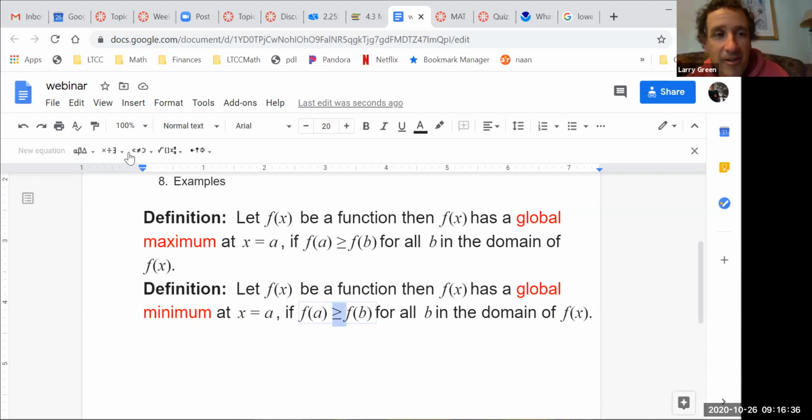Exactly. The greater than or equal to becomes a less than or equal to. You've got to be smaller than everyone if you're the global minimum, right? Any questions on that? Okay, and then it's exactly the same. And those are the definitions of the global max and the global min. Any questions on that? Okay, now things get interesting. And I think I want to do it with pictures because that helps.